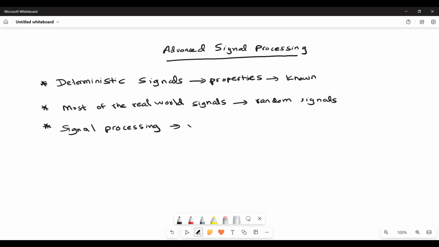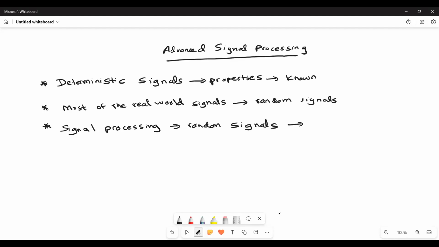So signal processing is used to process the random signals, and we will be understanding the properties of random signals, and how to mathematically represent random signals.